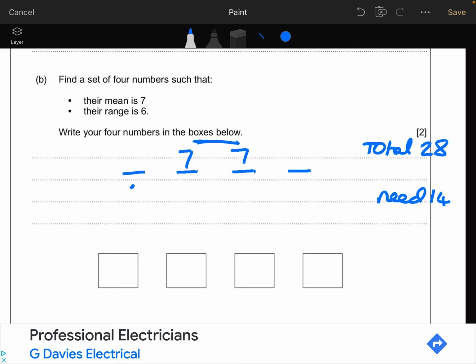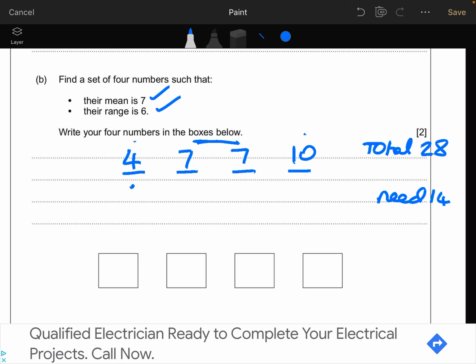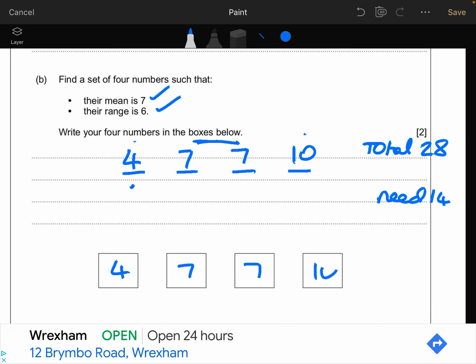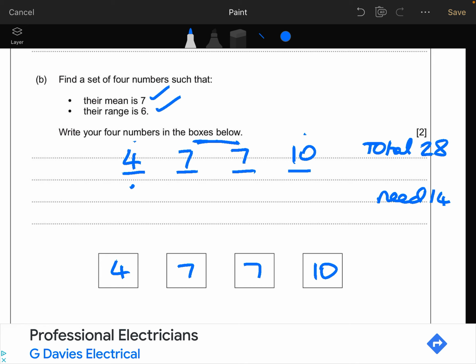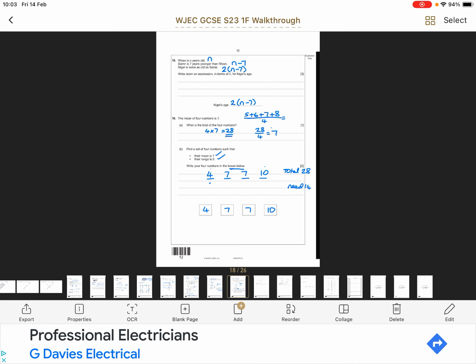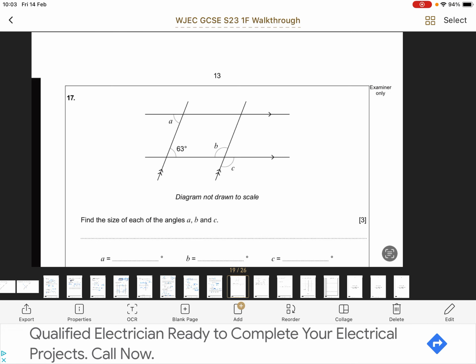So if I go 3 below 7, that would give me 4 here. And then if I go 3 above 7, that will give me 10 there. Those two do add up to 14, and all my numbers add up to 28. So now I've got a mean of 7, correct, and a range of 6. 10 minus 4 is 6, and so that's okay, isn't it? But there are other answers that are possible there that would work, but it's the thought process that you need to go through to make sure that you've got an answer that's acceptable. Okay, moving on.